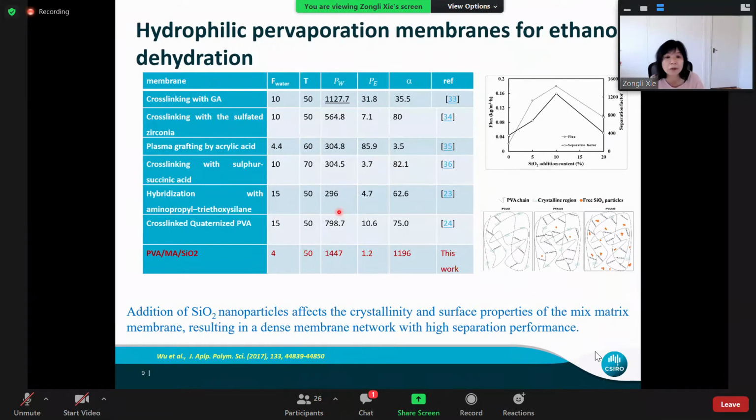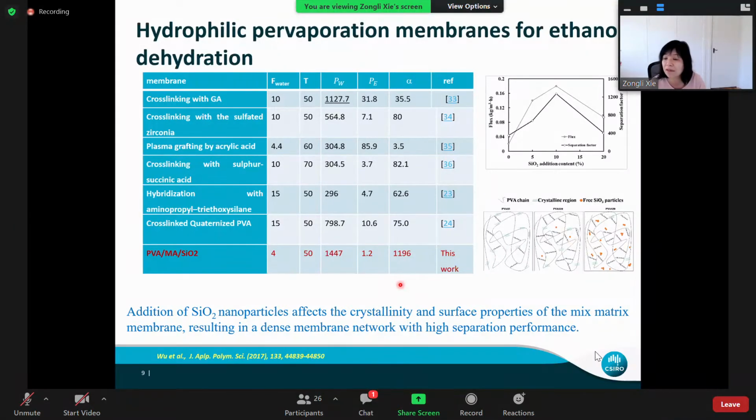So we did a lot of optimization work. By adding the proper content and optimizing the fabrication method, we are able to tune the crystallinity, the density, and the surface property of this membrane. We are able to achieve high water flux and also high selectivity.